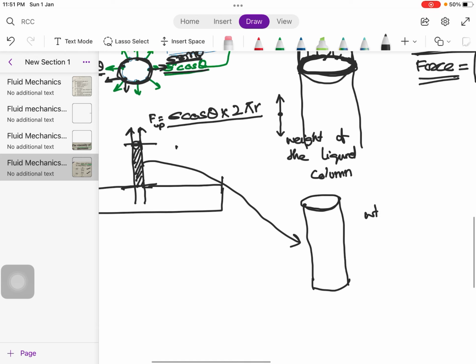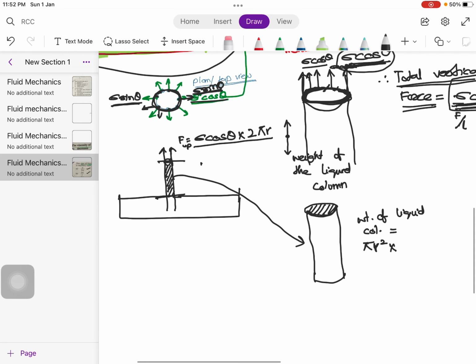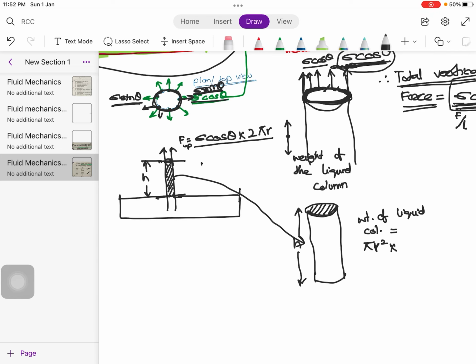And the weight of this liquid column is area of this surface times the height, area times the height of this liquid column, which is basically the volume of this liquid column.